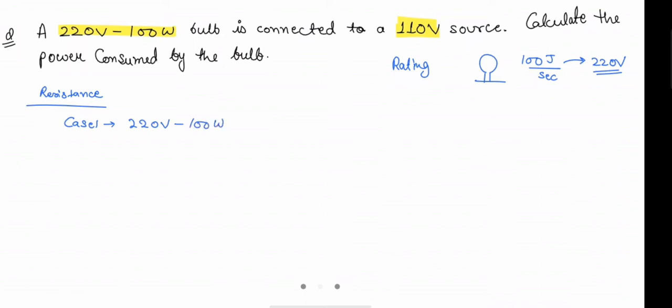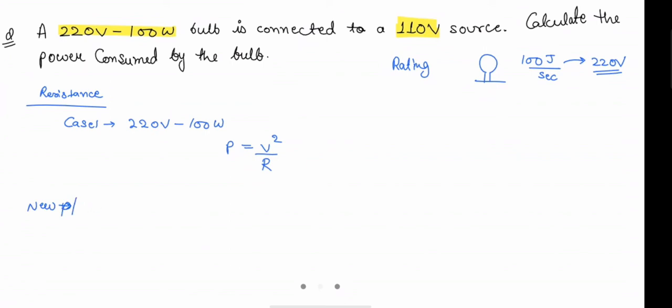Let's use the formula over here, that is P is equal to V square by R. This is the one equation. Now let's talk about the new potential and the new power.